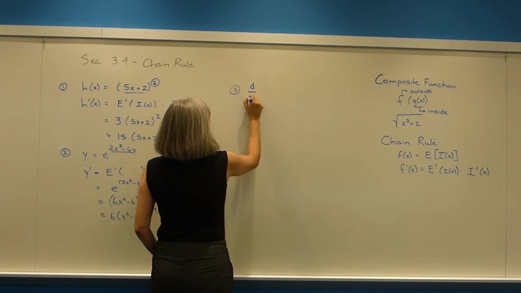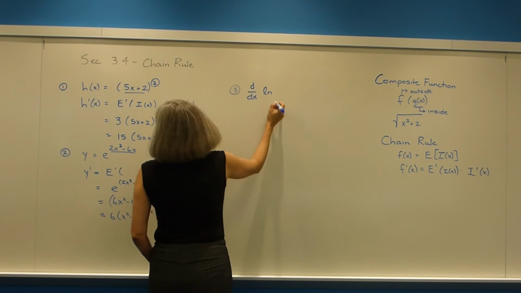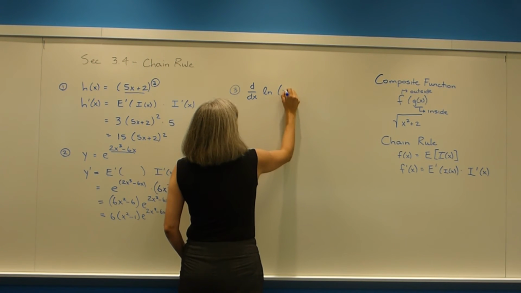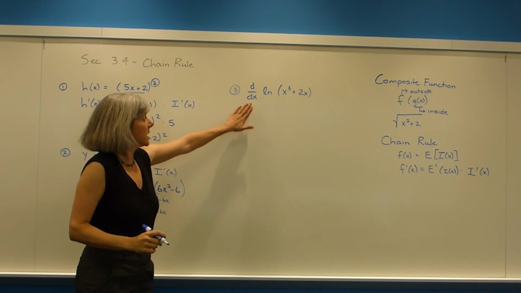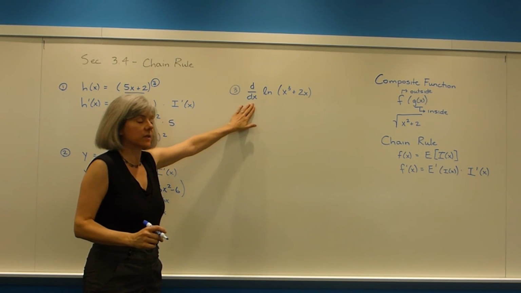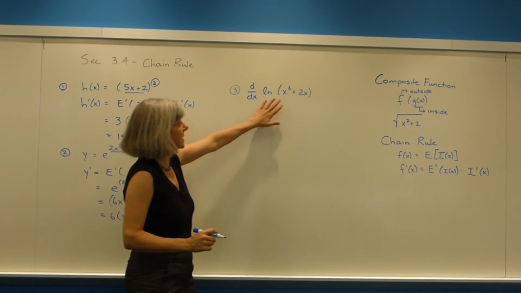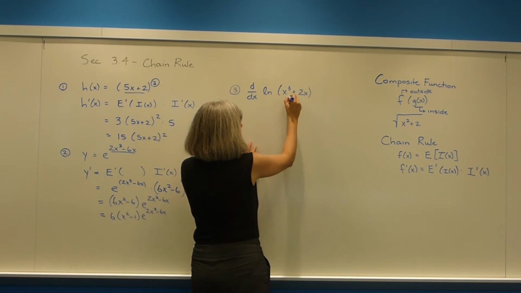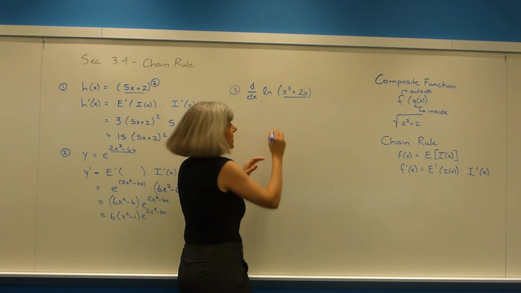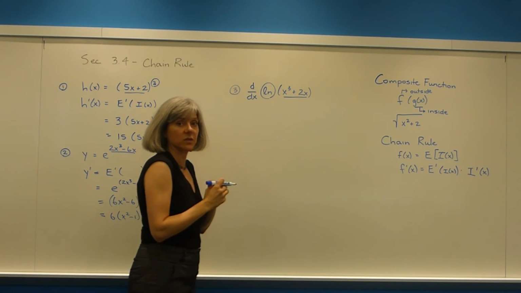We want to find d dx of ln of x cubed plus 2x. Okay, so this is already telling us, that's our instructions, our verb. Take the derivative with respect to x. Is this a basic? Is it a ln x? No. It is a ln of something. So here is my inside function, and here is my outside function.